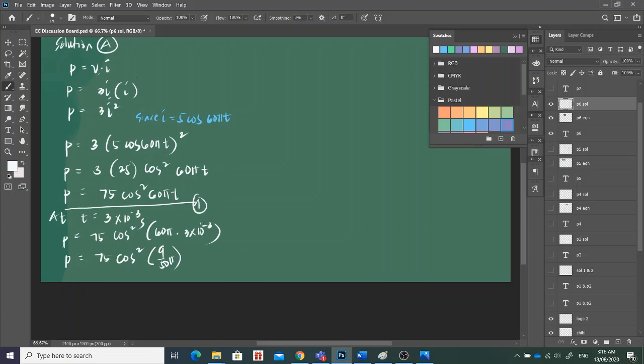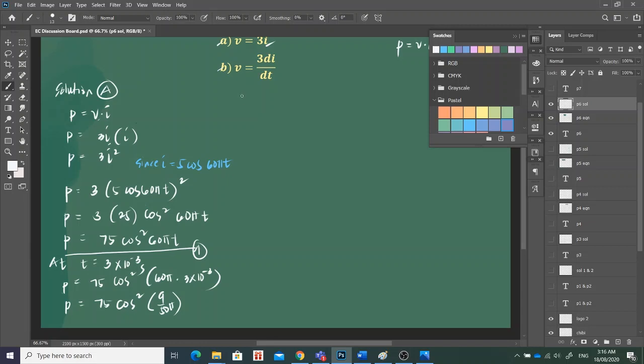Kailangan nating i-convert ito sa angle. 9 over 50 pi times 180 degrees over pi, so that's 32.4 degrees. Naka-radian kasi, so hindi mo masosolve yan ng diretso sa calculus unless mag-radian ka. So, convert na muna natin sa angle.